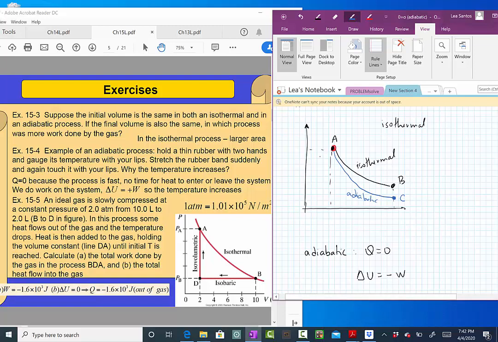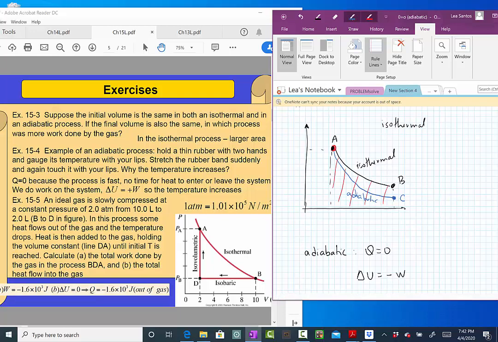Okay, so this is to remind us of what we had discussed before, and now comes the question of this problem. In which process was more work done? More work is in the process where we have a bigger area underneath the curve. So the bigger area is for the isothermal, right?